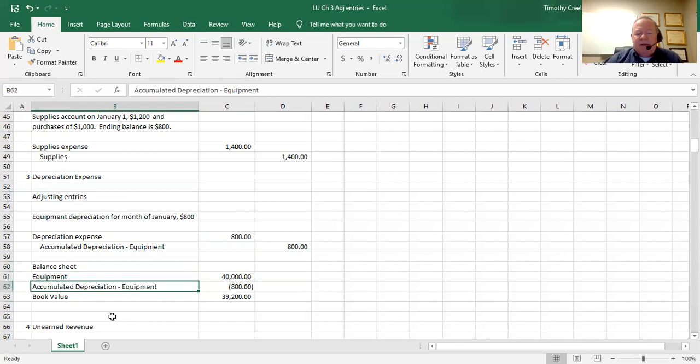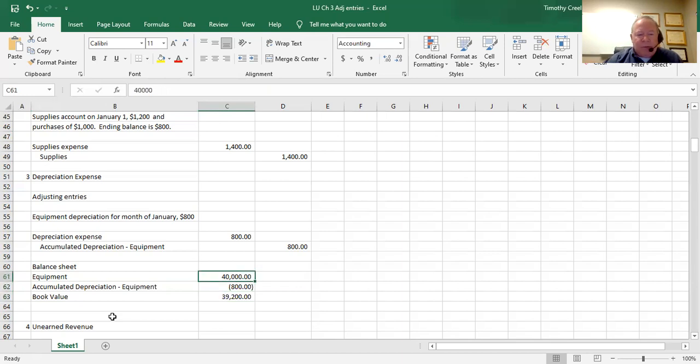Now, the other thing I'll say is accumulated depreciation here. This is what's known as a contra asset account, and depreciation is recorded to this account and it builds up over time. One of the reasons that you use accumulated depreciation versus just doing a journal entry that affects the asset account is because by doing this, you're better able to see the age of the asset. So, for example, in this case, you could tell that this is a very new asset.